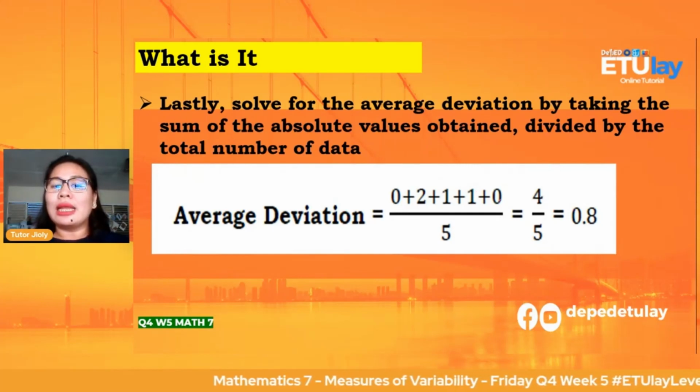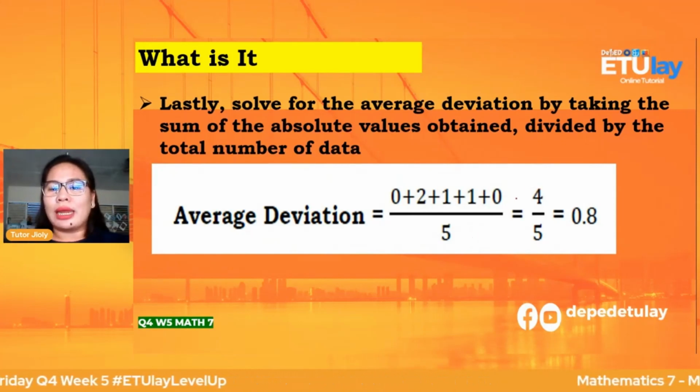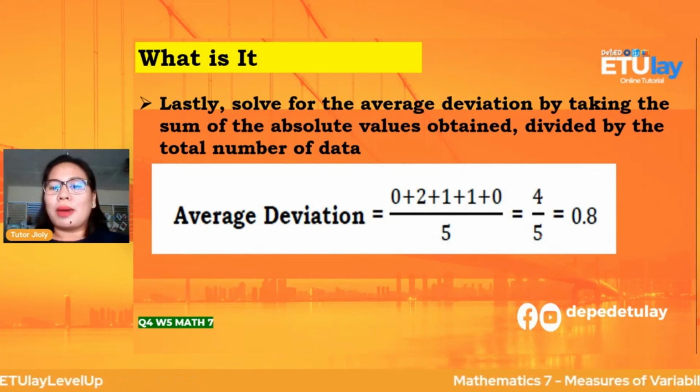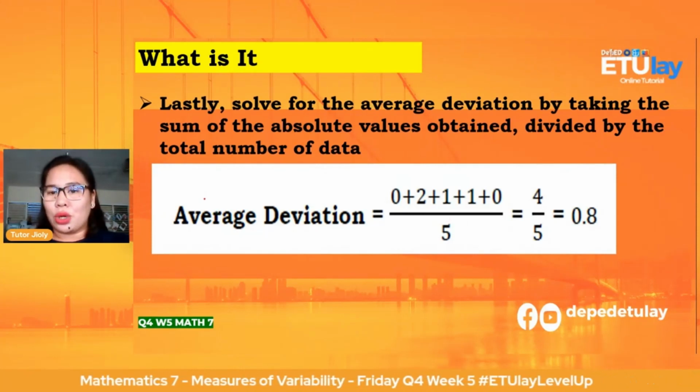So inad lang natin, then divide natin kung ilan po yung number of data natin. So we have 5. So inad natin, 4 divided by 5, that is equals to 0.8. That will be our average deviation.